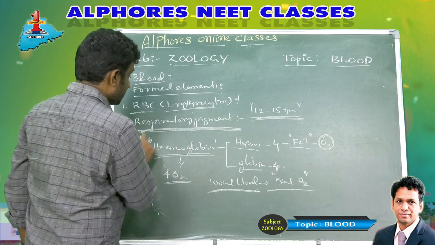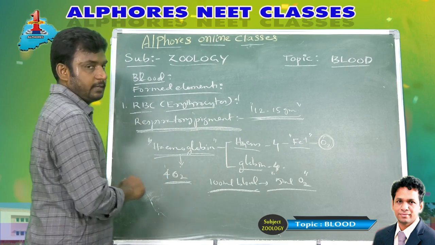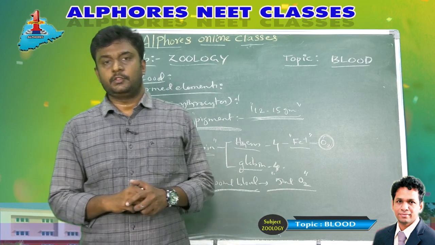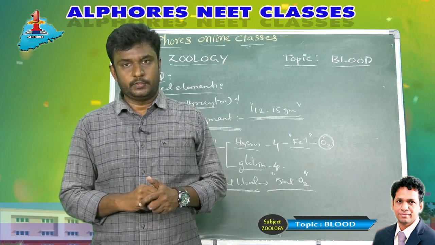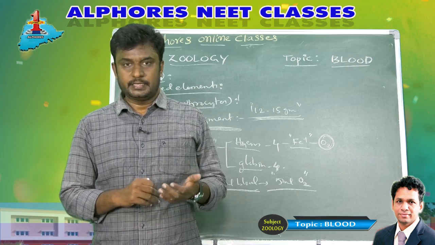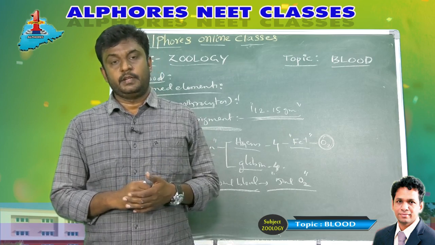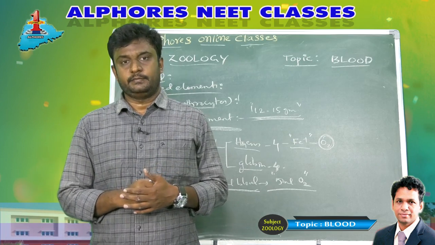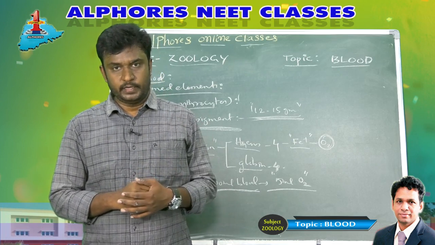Okay, so this is about RBC. The first type of formed elements are the RBCs. Production of RBC is called erythropoiesis. Increase in the number of RBCs is called polycythemia. Decrease in the number of RBCs is called erythrocytopenia.